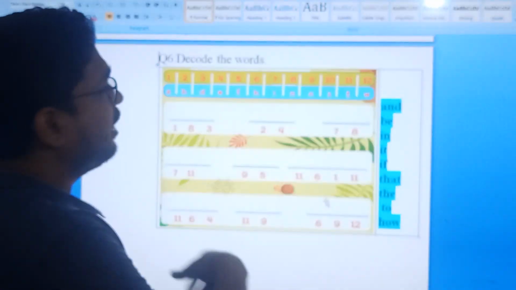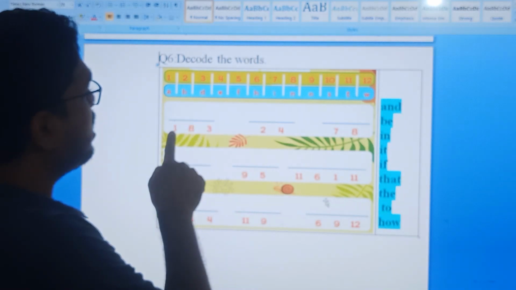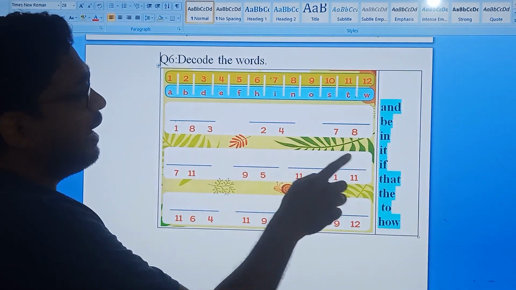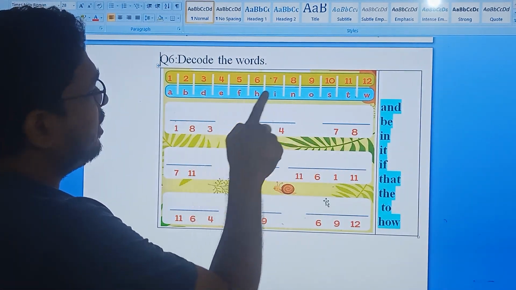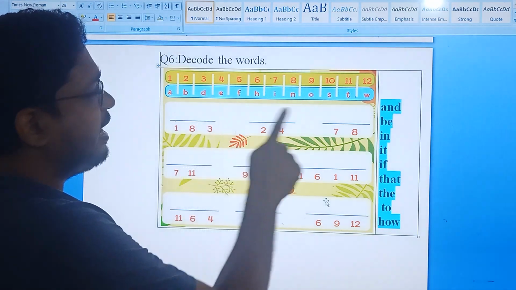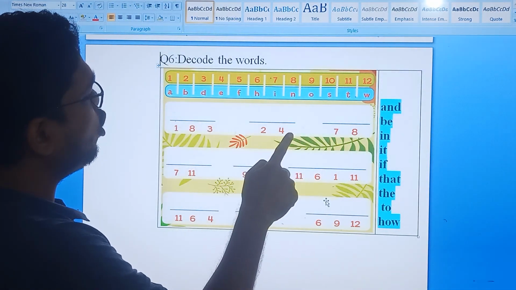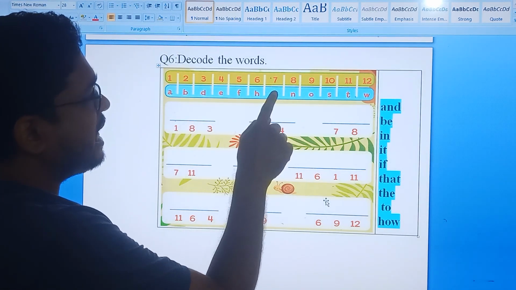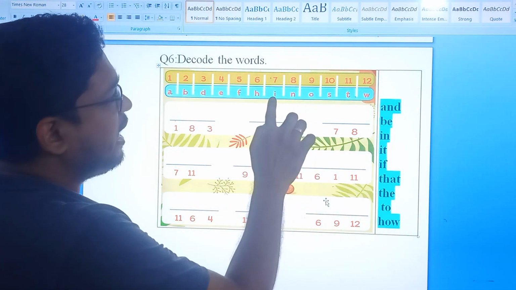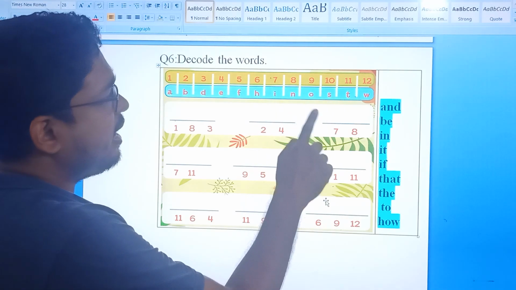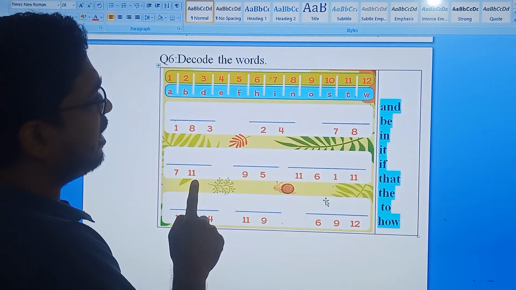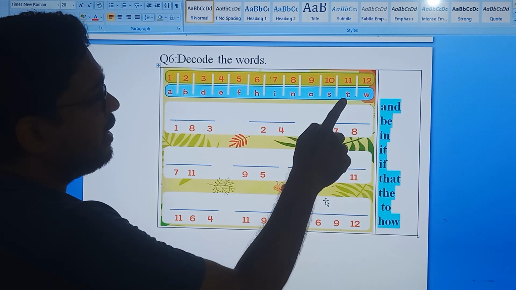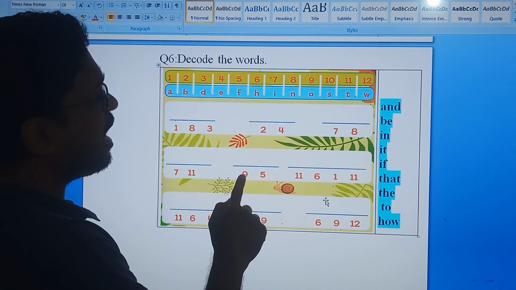Next question, decode the words. What is 1? Here 1 is A, 8 is N, 3 is D. It's A-N-D, and. Next, 2, 4. 2 is B, 4 is E, BE. Then 7, 8. It's I and N, in. Then 7, 11. It's I and T, it. 9, 5.